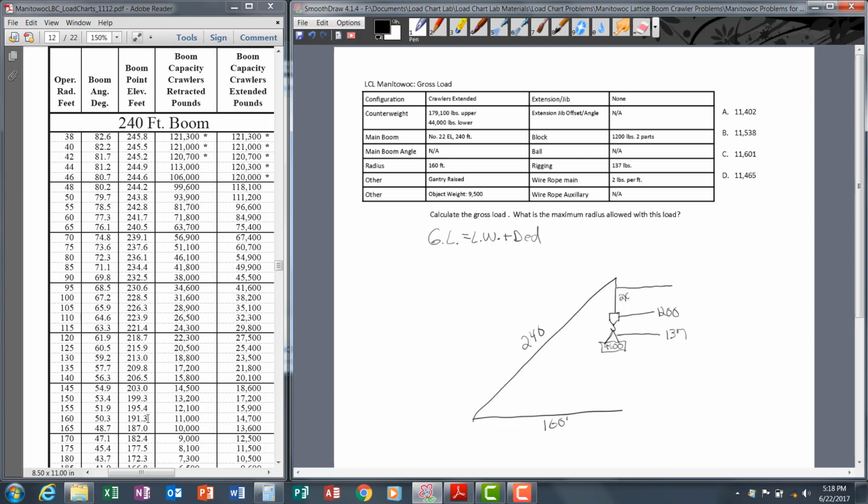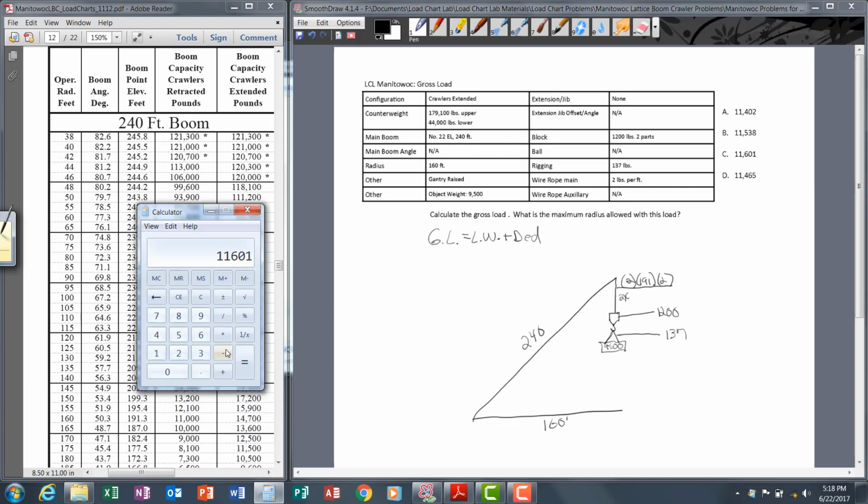And we're going to round down to 191. So we've got 2 parts times 191 times 2. Go ahead and multiply this out. 2 times 191 times 2 equals 764. The total weight of the wire rope deduction is 764 pounds.